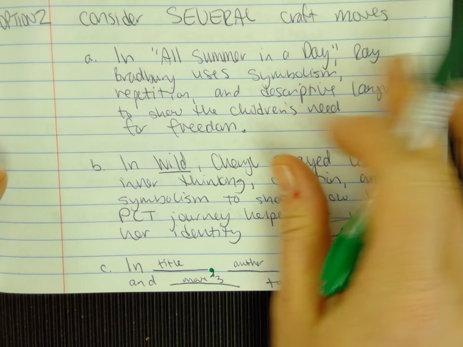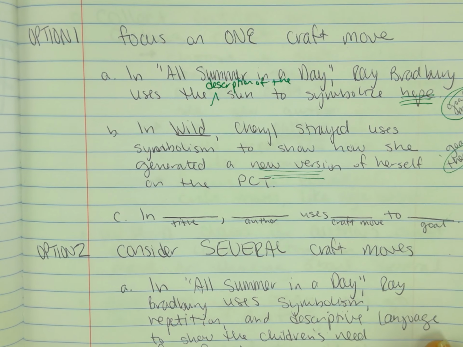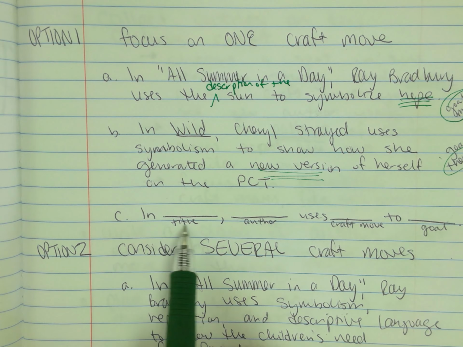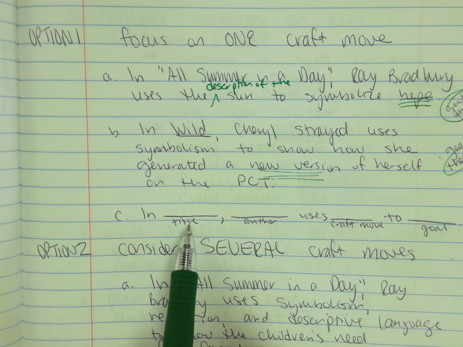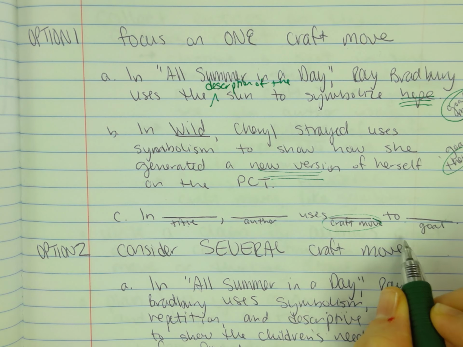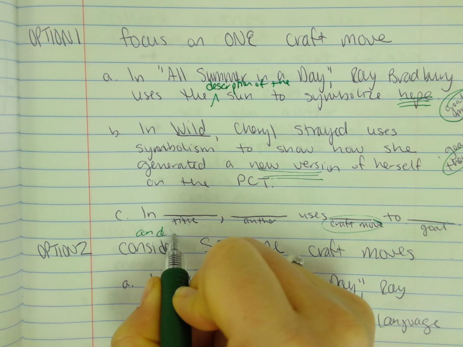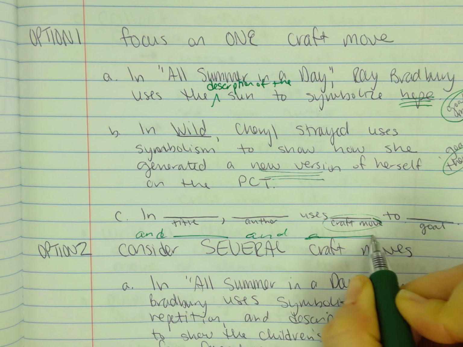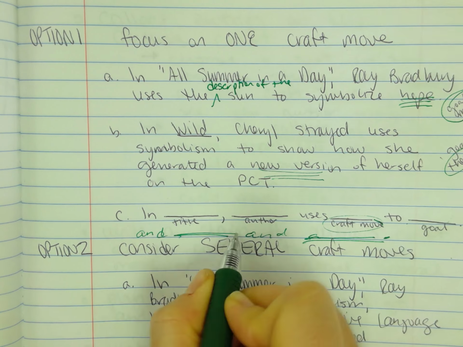There's a version of option 1 that you could also consider, which probably would help you get to thinking about what your 3 paragraphs will be. In the title, in the book, the author uses 1 craft move to do this goal and goal 2 and goal 3, right?